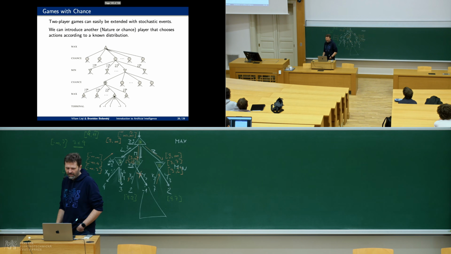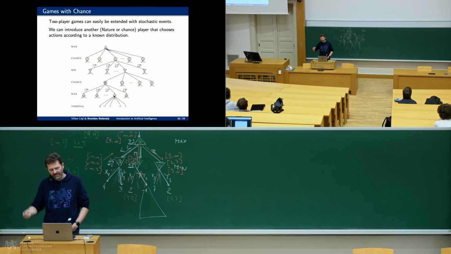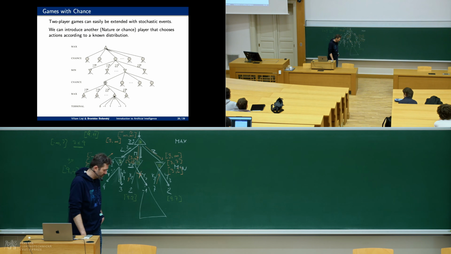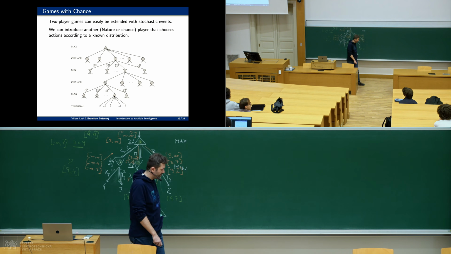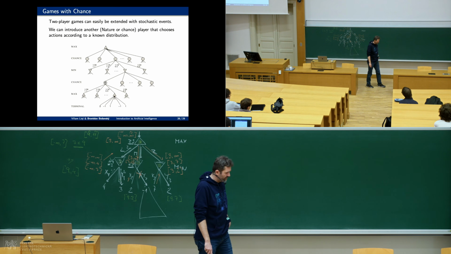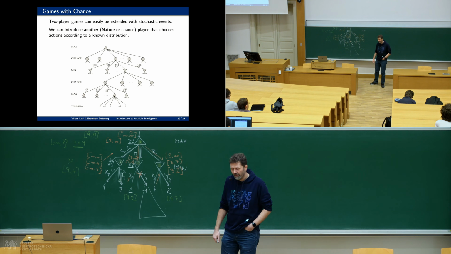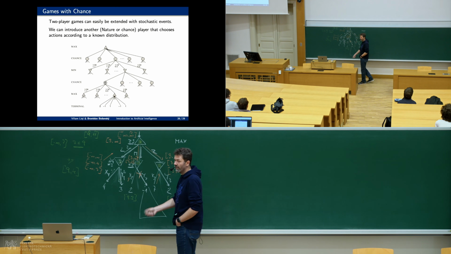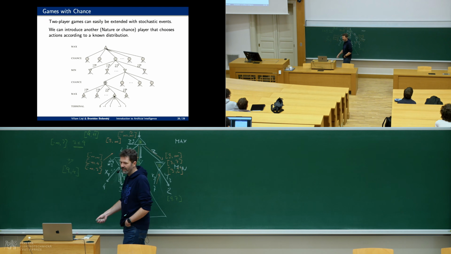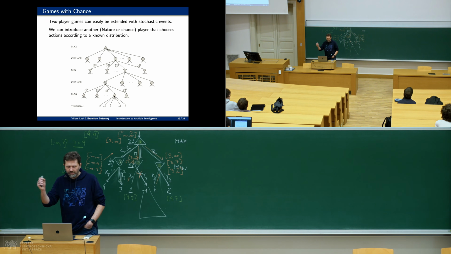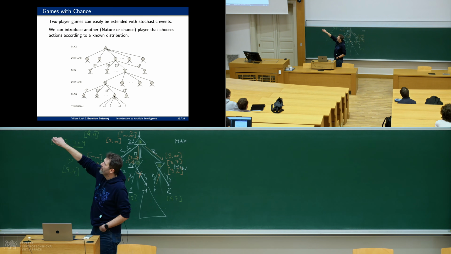So these were the most famous heuristics, and we are slowly out of time. Let me just conclude with games with chance. We can quite easily expand and modify our definition of two-player games by introducing a third player called nature or chance, where we will not specify that the player maximizes or minimizes the utility, but that player acts according to some well-known distribution.